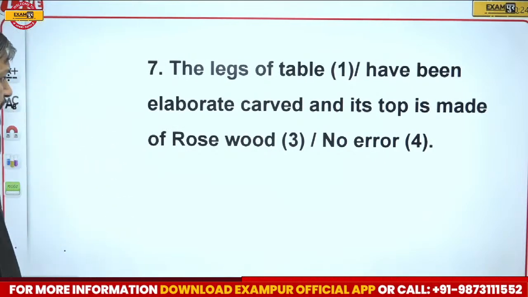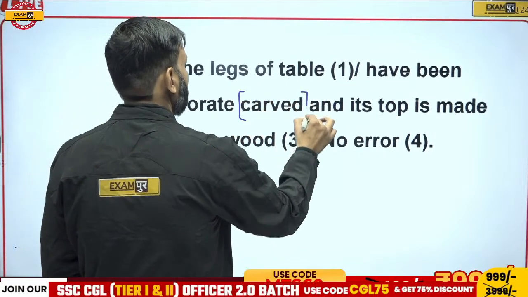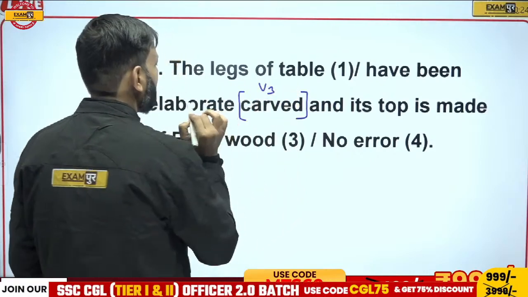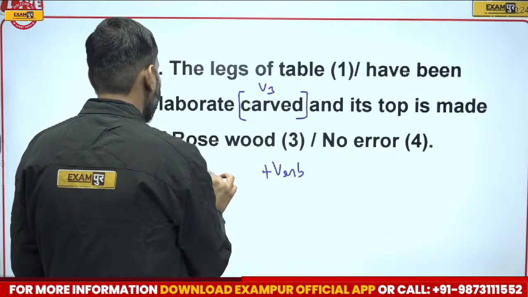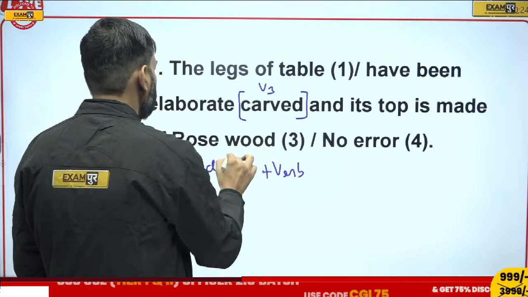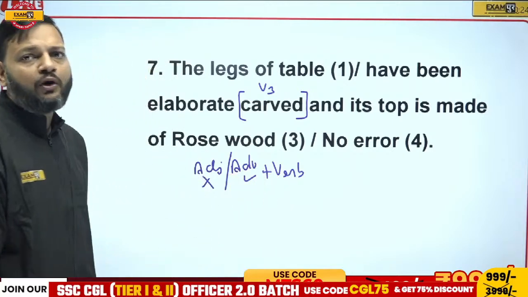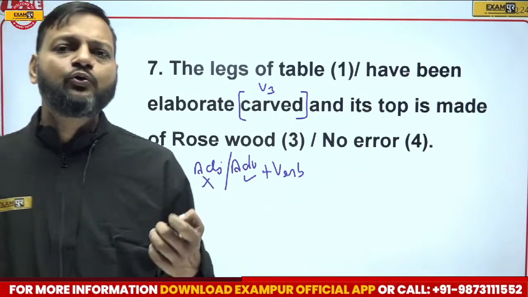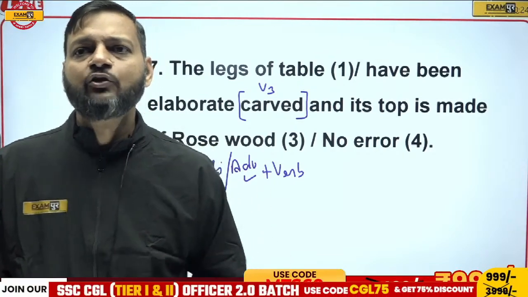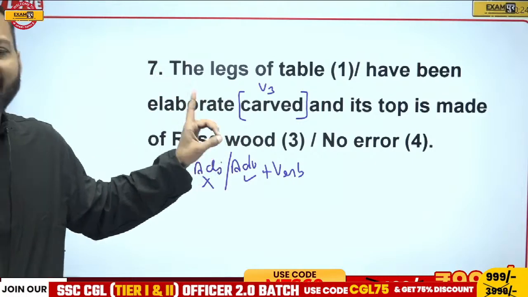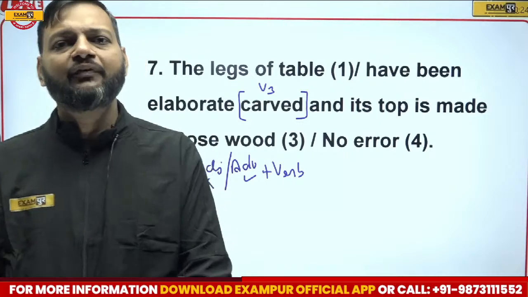See, in this sentence, carved is a verb, right? And before a verb, an adjective cannot be used. An adverb should be used, because to modify a verb we do not use an adjective. To modify a verb, we need an adverb. So here, carved is a verb and it needs an adverb for its modification.